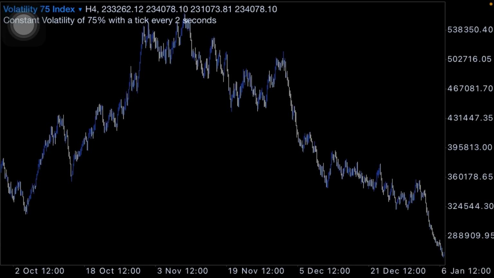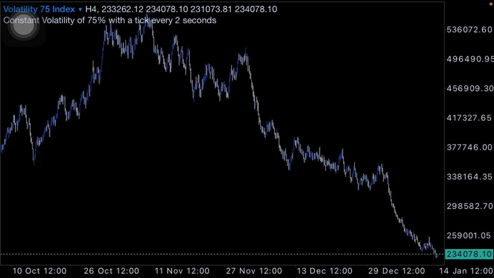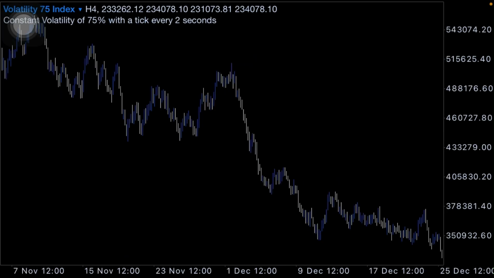So with this strategy, when you identify the direction of the trend, the next thing you need to do is look for a break of structure or a change in character of the price movement. You need to identify that first.